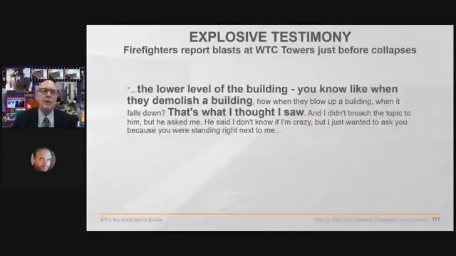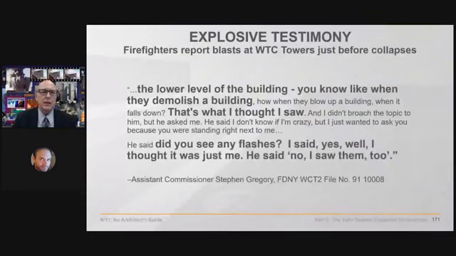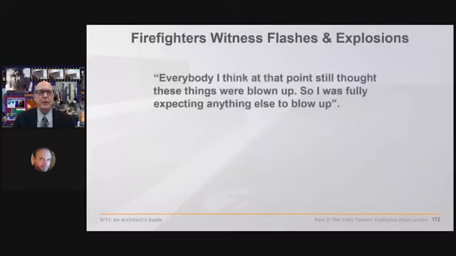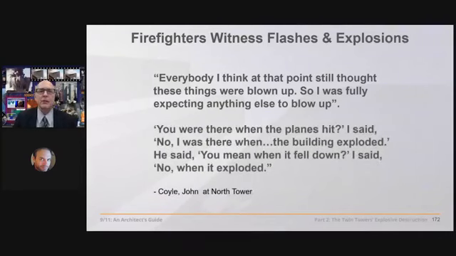The lower level of the building, you know, like when they demolish a building, that's what I thought I saw. Did you see any flashes? I said, yes. I thought it was just me. He said, no, I saw them too. Everybody, I think at this point, still thought these towers were blown up. So I was fully expecting anything else to blow up. You were there when the planes hit? I said, no, I was there when the building exploded. You mean when it fell down? No, when it exploded.